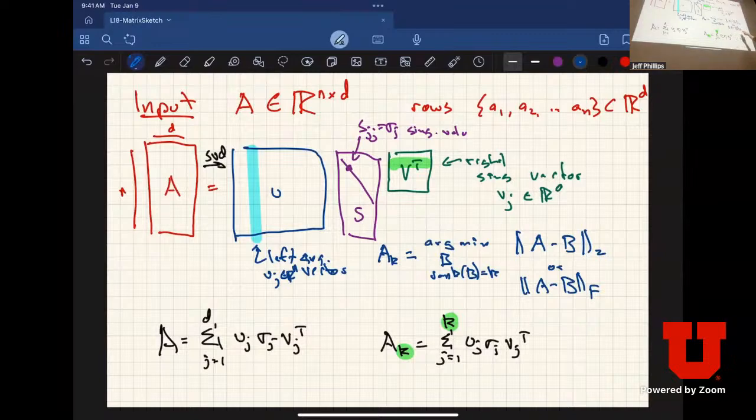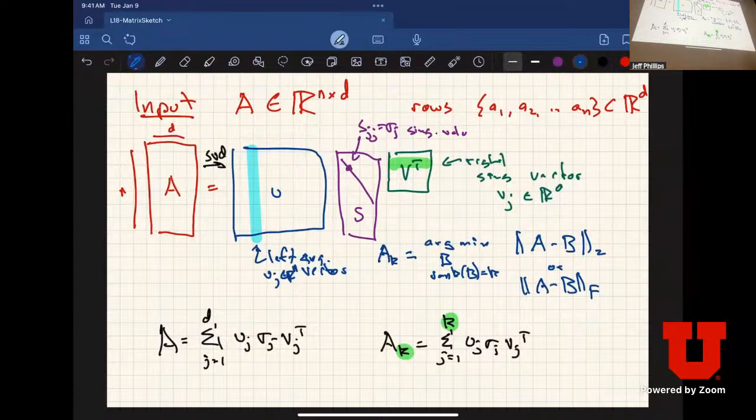So if I want to find the matrix B that's a best rank k approximation, meaning all the data lives on a k-dimensional subspace that best approximates A in these 2 ways, this is how you write it. The SVD gives you the solution.